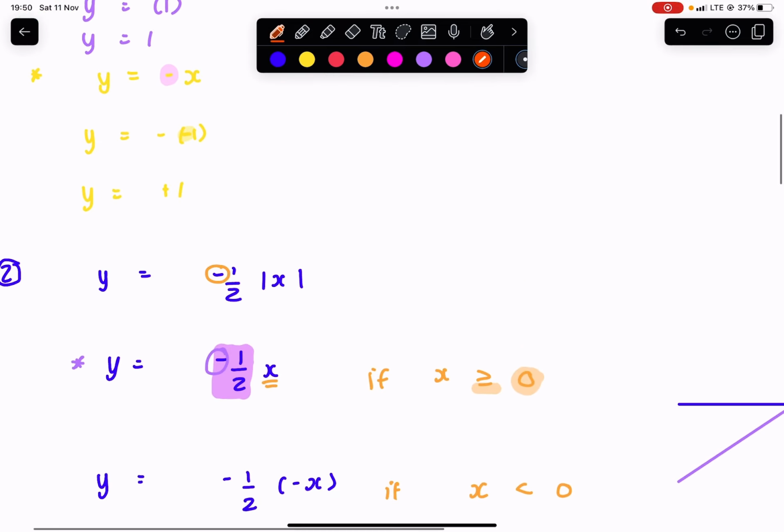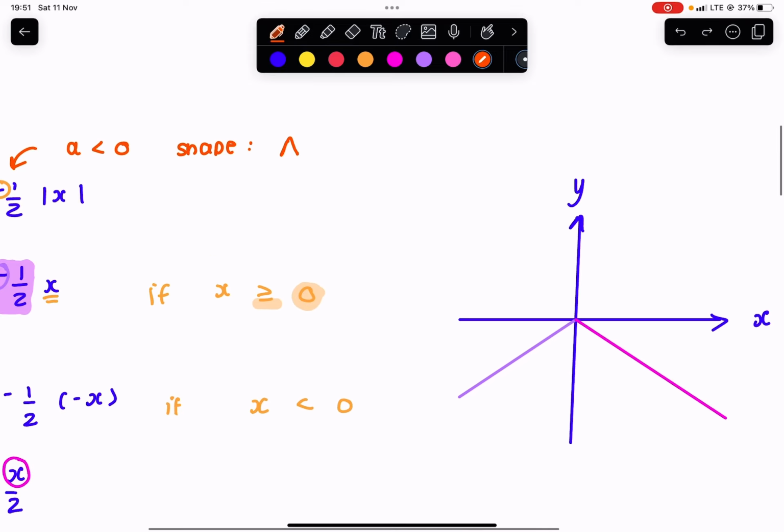And when we have a negative value in front of the half, the shape of the graph looks like this. Whereas if 0 is less than a, the shape will look like that.